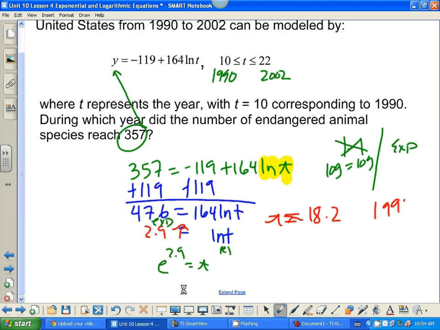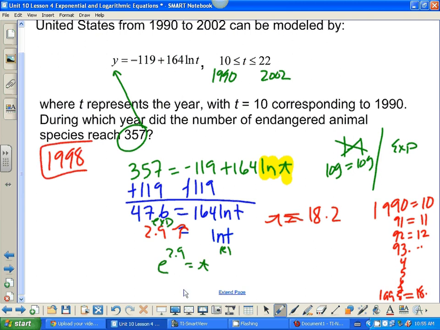But if 1990 represents 10, then 91 would represent 11, 92 would represent 12, 93, 94, 95, 96, 97, 98, and so on. So 1998 would represent 18. So sometime during the year 1998 did this species reach 357.